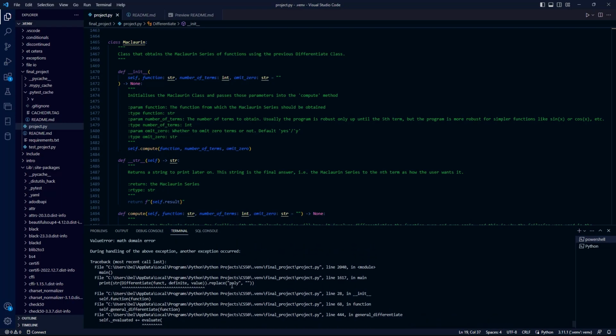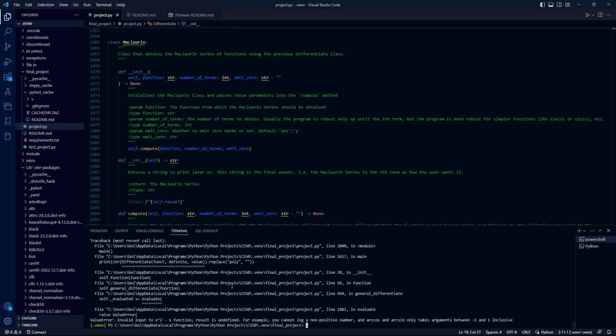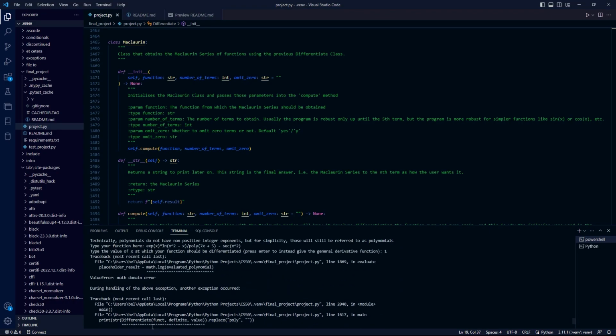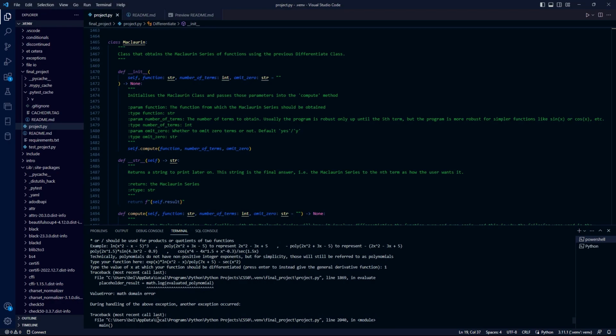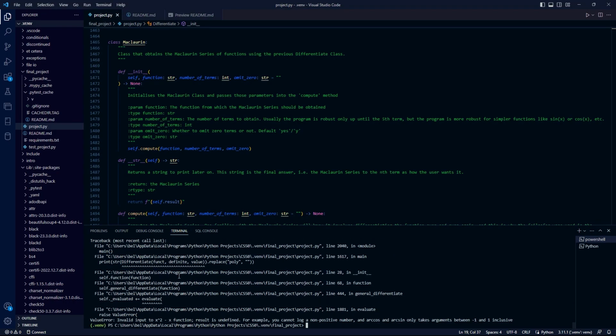So for example, in this case, we have x squared minus x in this natural logarithm, but if we put x equals 1, then this will be the natural log of 0, which doesn't make sense because you cannot take the logarithm of a non-positive number.